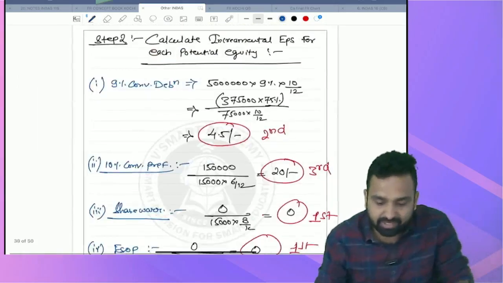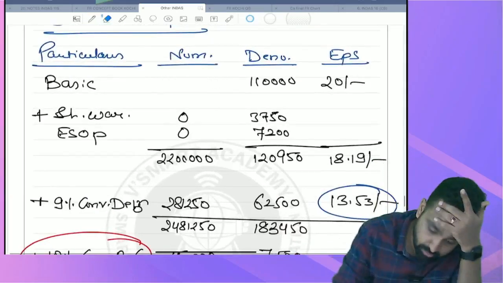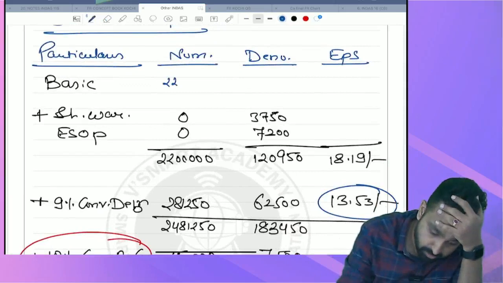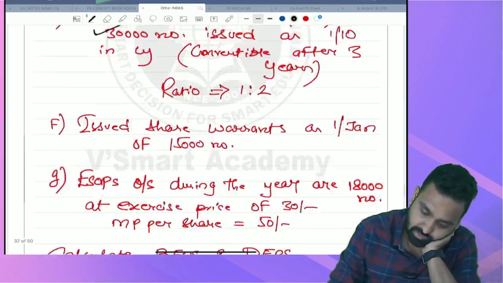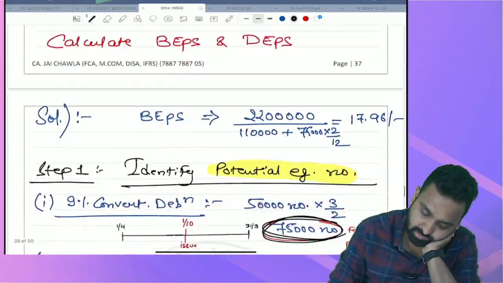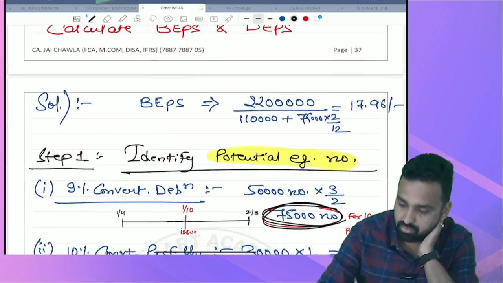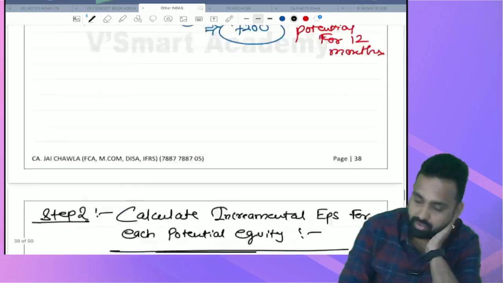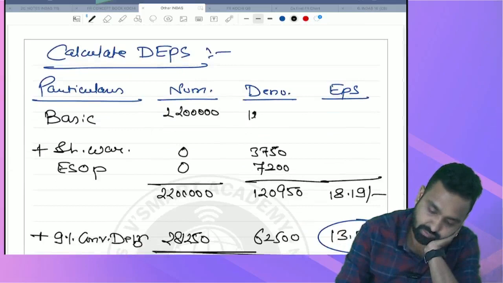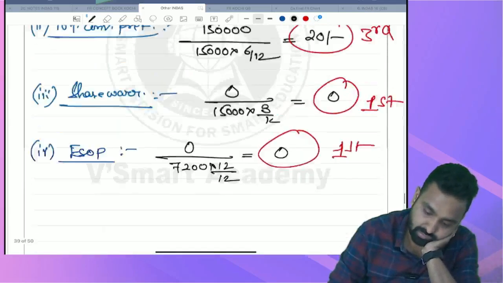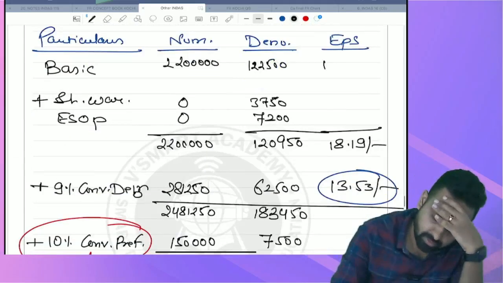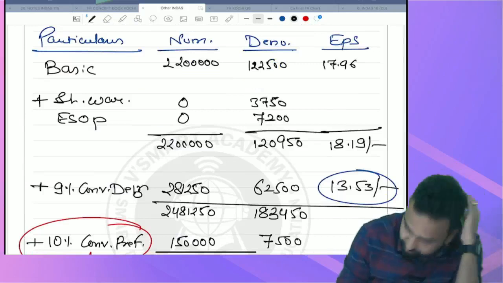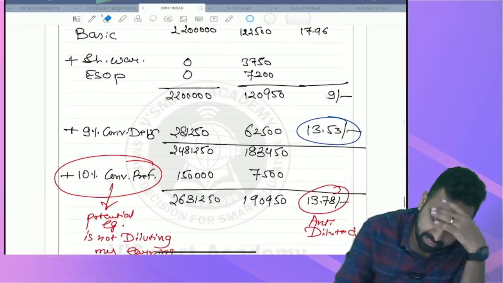Now our entire working will be revised. Okay, here what to do? It's 122,500. 17.96. Can you please make further changes here?